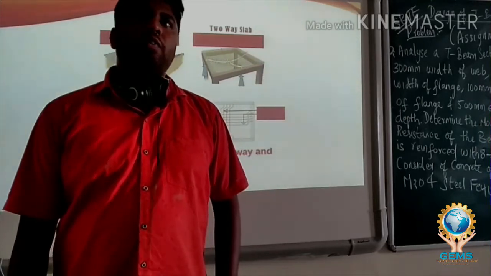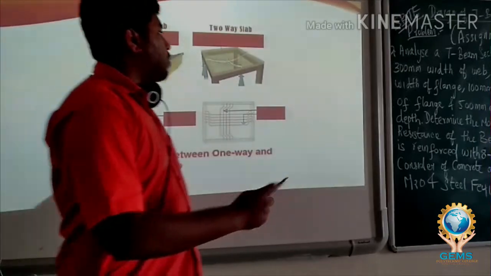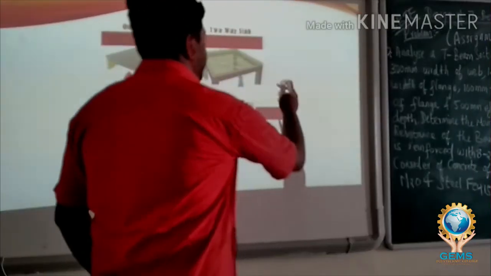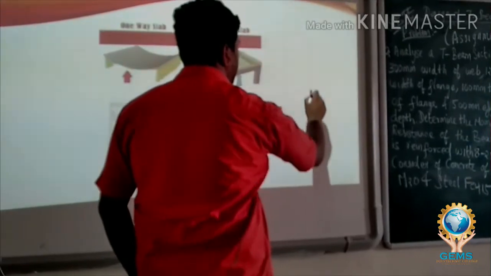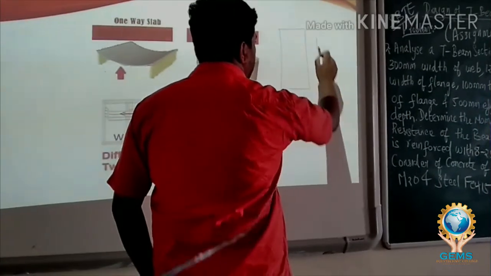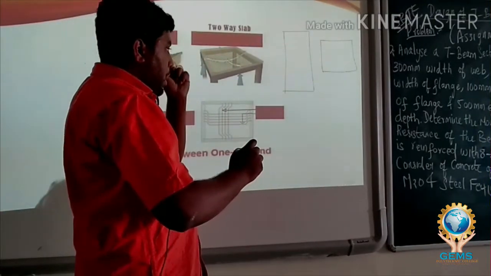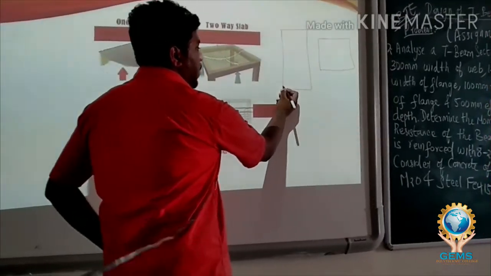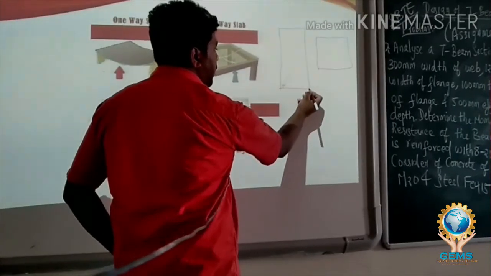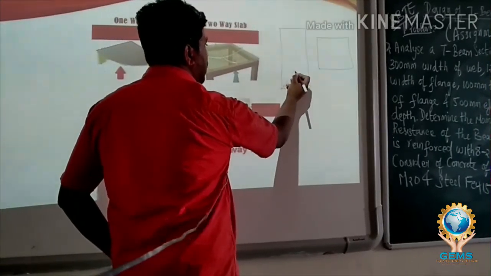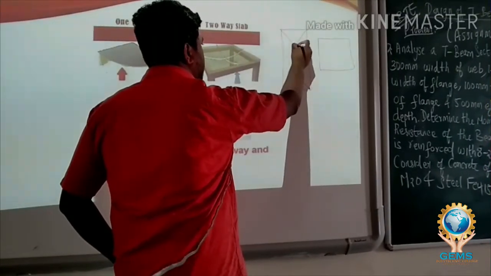And another difference also we can tell. Okay, so another difference. See, for example, there is one slab and there is another slab. What they will do is, from this corner, they will take a 45 degree angle, and from here also they will take an angle.